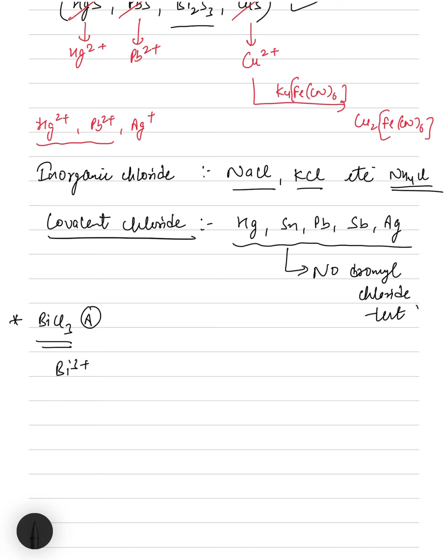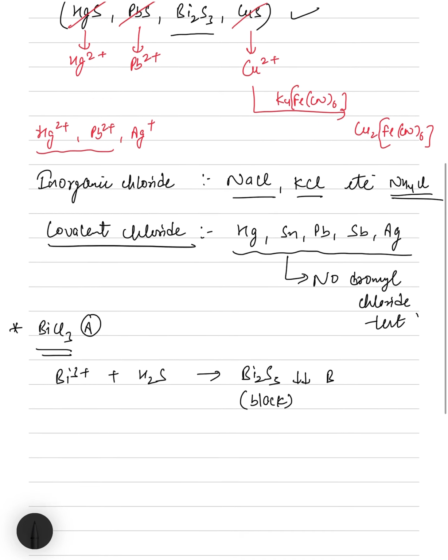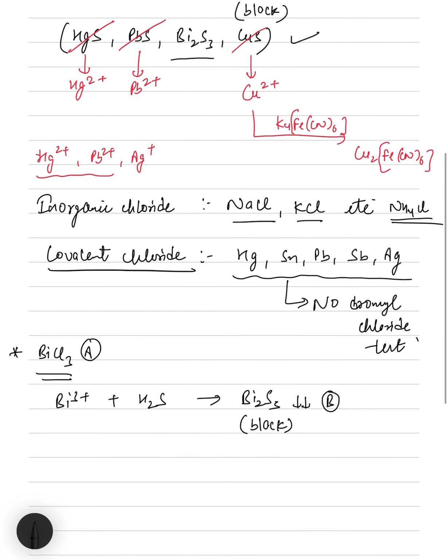This Bi3+ ion on reaction with H2S gives Bi2S3, which is the black precipitate. This is our compound B, and this is compound A.